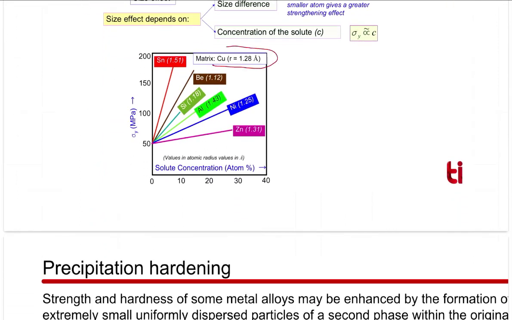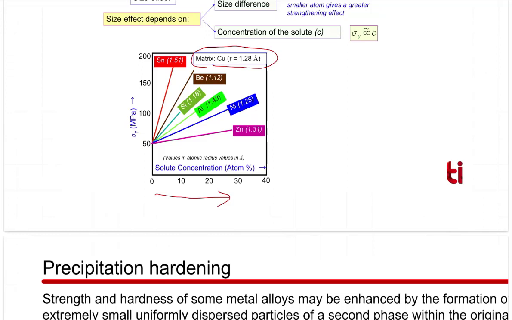This is showing here. This is copper, whose atomic radius is 1.28. This is the solid solution concentration on this side, 10%, 20%, 30, up to 40%, and here is the yield strength. We are increasing the percent of zinc in copper, we are increasing the percent of nickel, aluminum, silicon, different kinds of material are mixed. We are making alloys of copper and these materials.